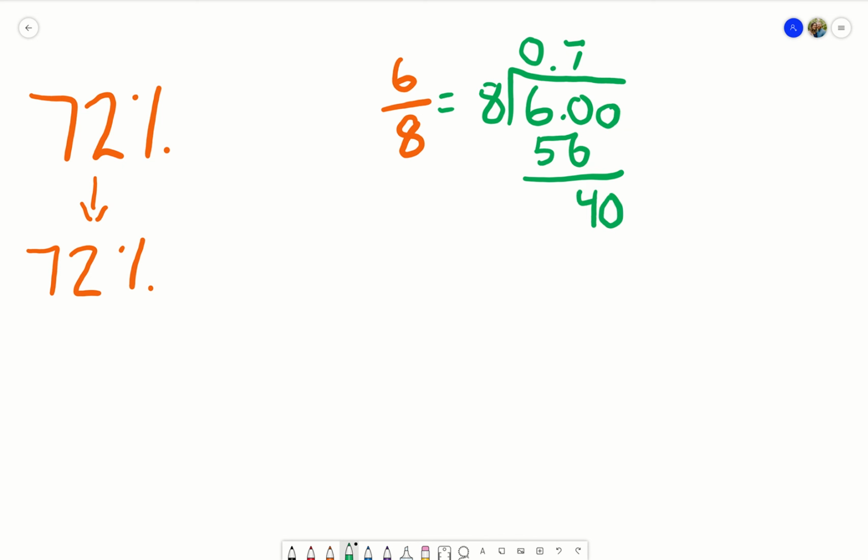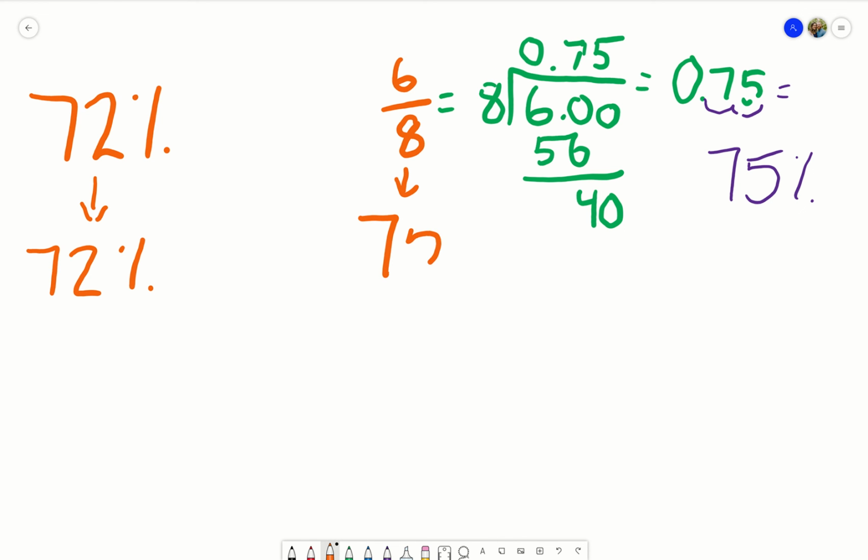That's a 40. 8 goes into 40 5 times. So this turns into 0.75. Move my decimal over 2 times. 75%. So 6/8 becomes 75%. And which is bigger, 75% or 72%? 75% is bigger, so 6/8 is bigger.